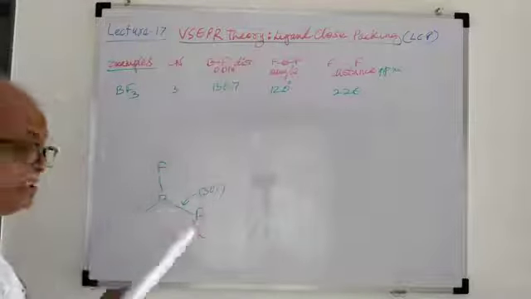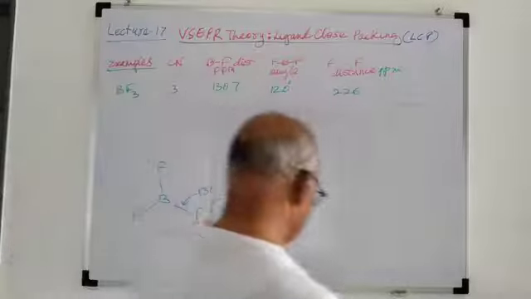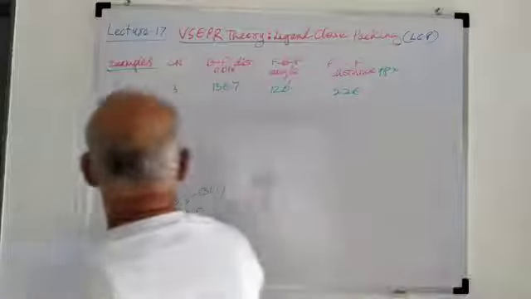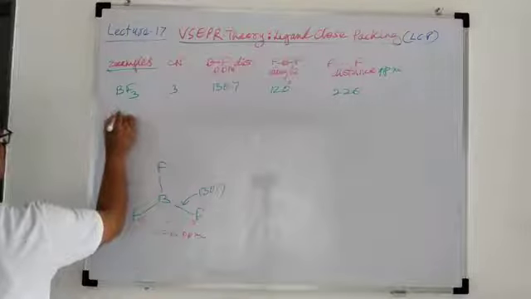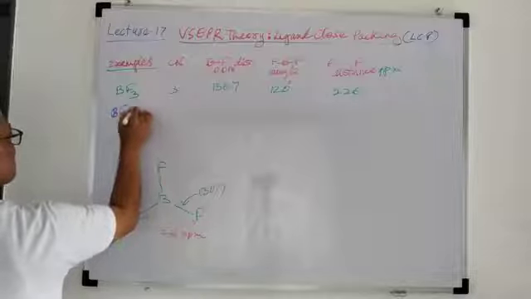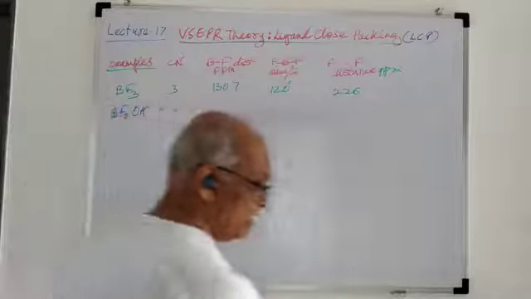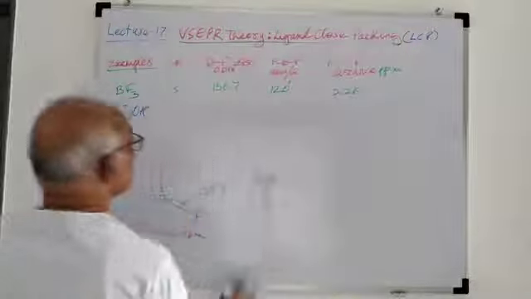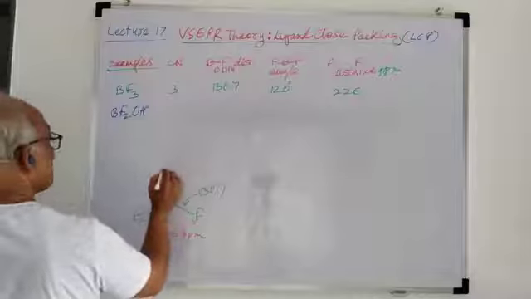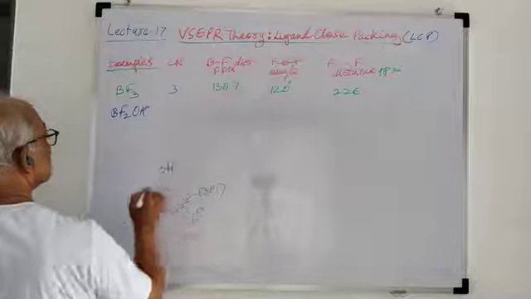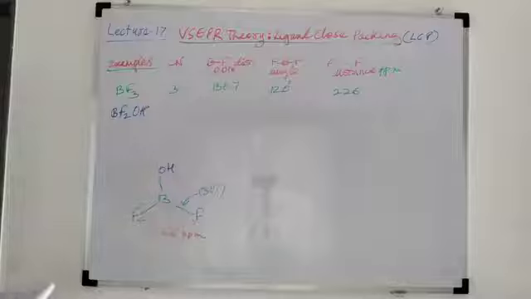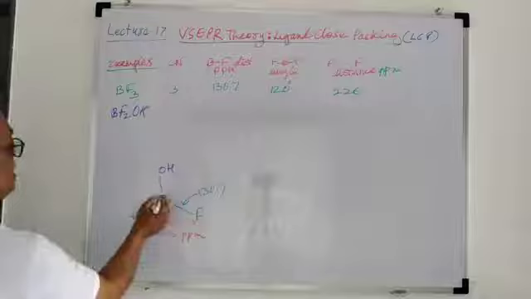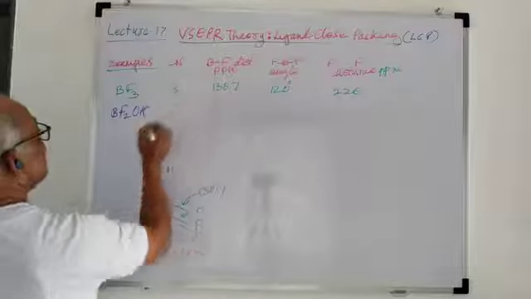Now we will take another example, that is BF2OH. In this structure, if we replace this fluorine by OH, then the coordination number is also 3.